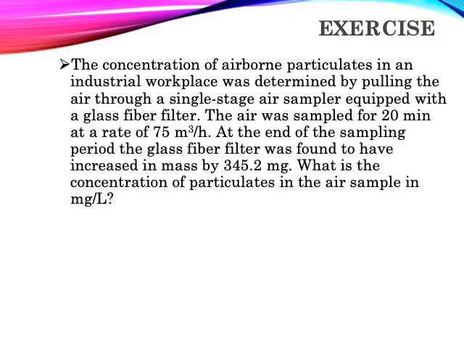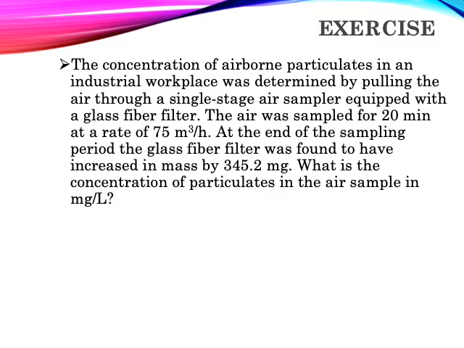Next exercise for you to try, which is to determine the concentration of airborne particulates in an industrial workplace. So you have the air sample for 20 minutes, at a rate of 75 cubic meter per hour, and the particulate is collected with a glass fiber filter through a single stage air sampler.